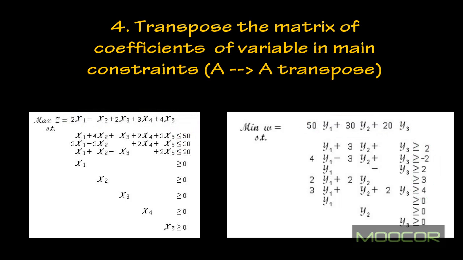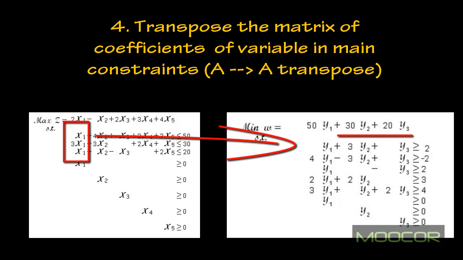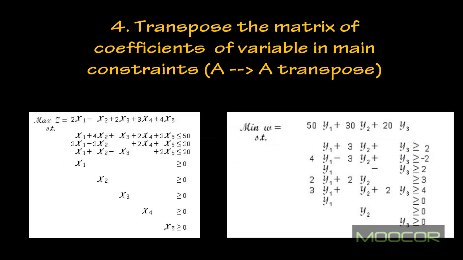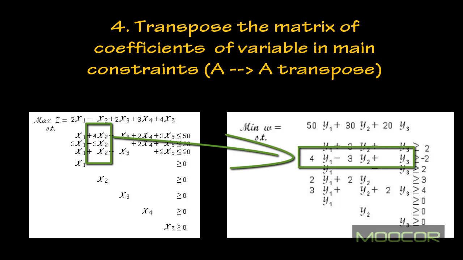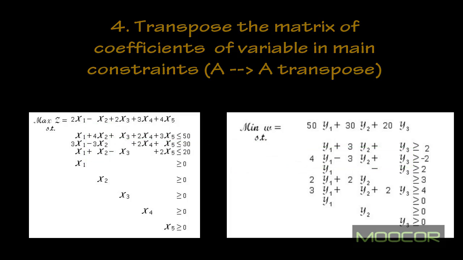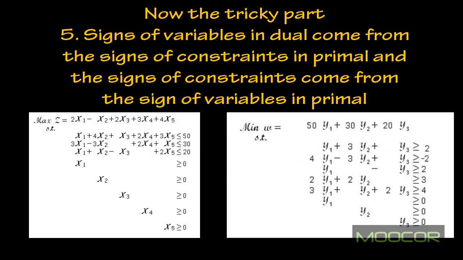For the main constraints, the A matrix becomes A transpose. For example, for x1, if the coefficients of x1 are 1, 3, and 1, they become 1, 3, and 1 for a row in the first constraint of the dual. Similarly for the second one, and so on.